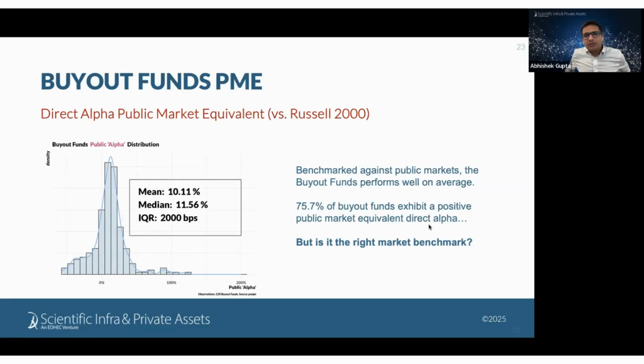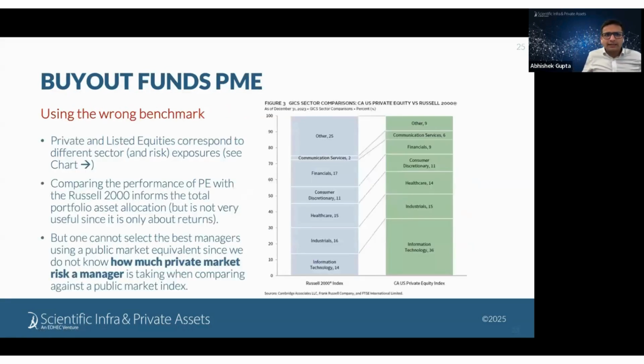But is it really the right benchmark to be comparing alpha against? That's what we are putting into question. So to analyze this, in this chart, we looked at the sector exposure of the Russell 2000 index and the sector exposure of the Cambridge Associates US Private Equity Index, the GICS sector comparison.